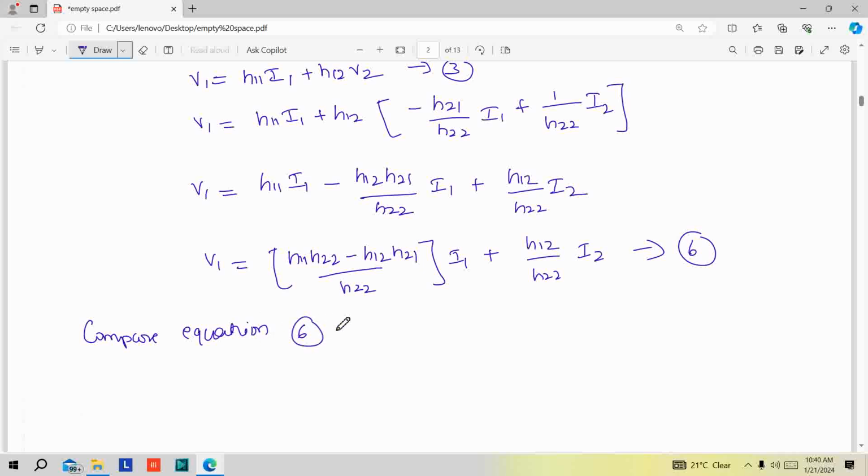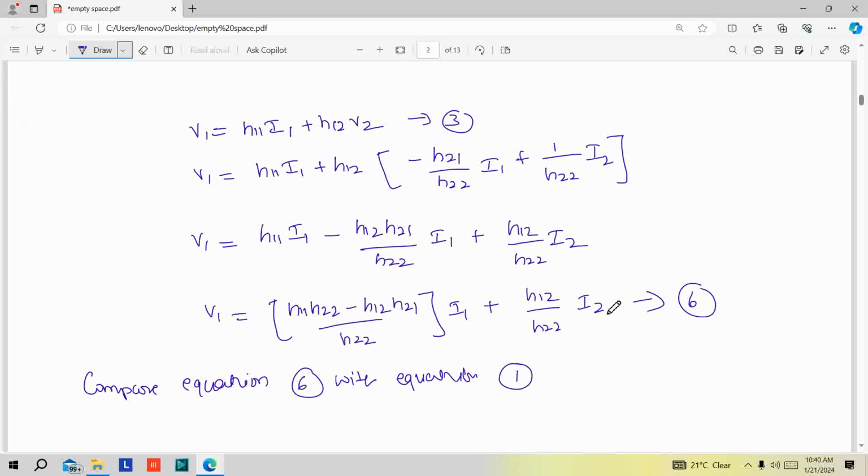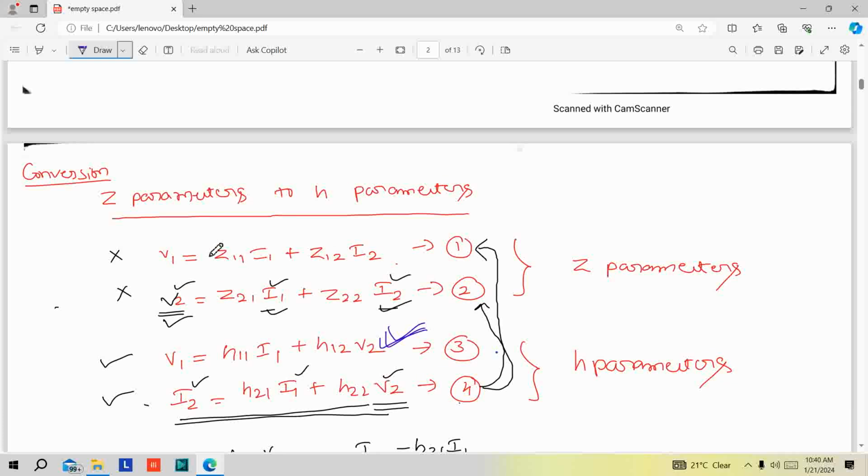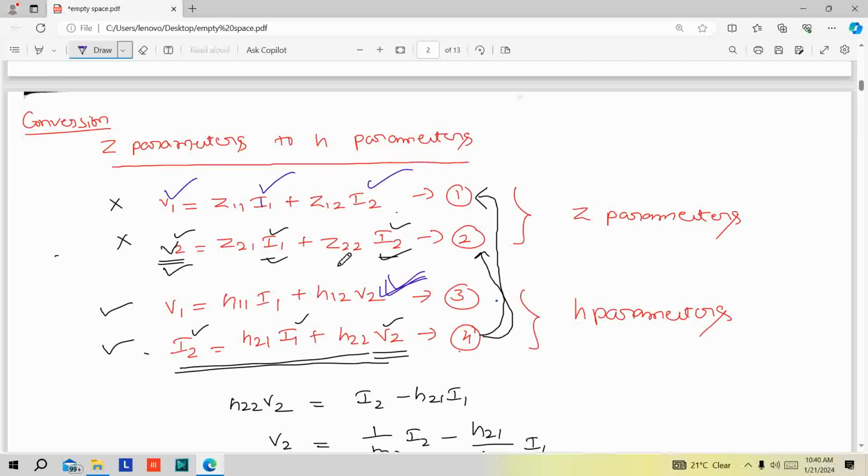Compare equation 6 with equation 1. Equation 1 also has V1, I1, I2, so it implies that we are going to get Z11 and Z12 values.